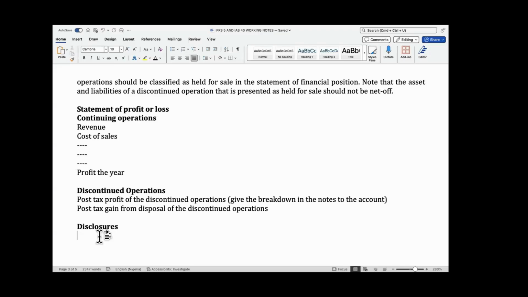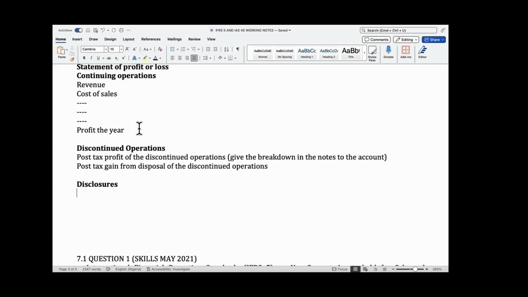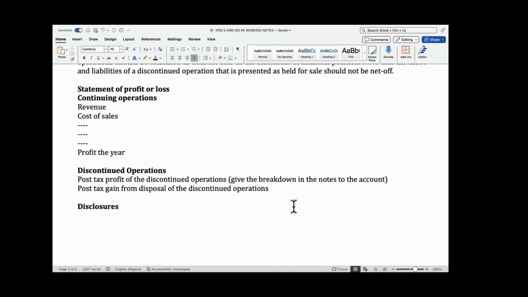Okay, so it doesn't impact it in any way, because whatever profit you get here and the profit from the discontinued operations, you add them together and take them to your equity as usual. Aside from that, the assets and liabilities of that discontinued operation should be presented as assets and liabilities held for sale. The assets held for sale will be presented separately. The liabilities held for sale will be presented separately. And that's how it works.